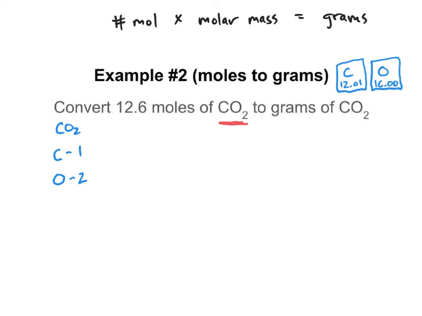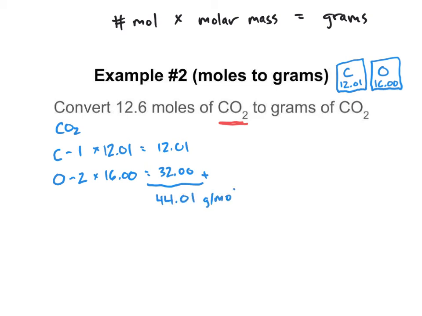We multiply 1 by 12.01, which gives 12.01, and 2 times 16.00, which gives 32. We add these together and it gives us the molar mass of carbon dioxide, 44.01 grams per mole. This is my molar mass, and this right here is the conversion factor.